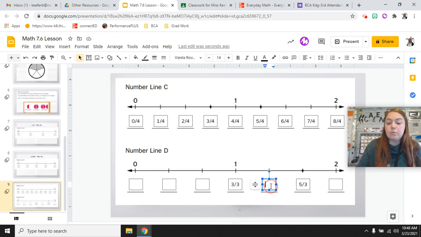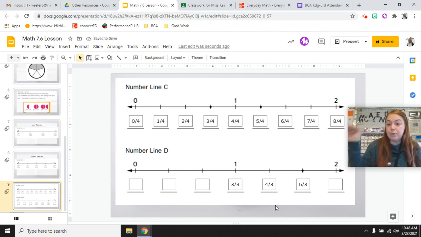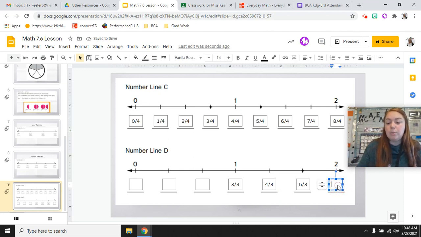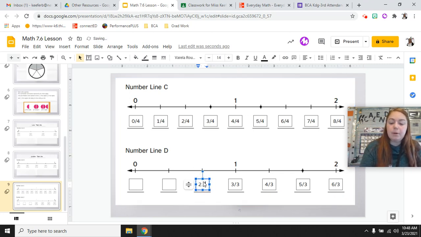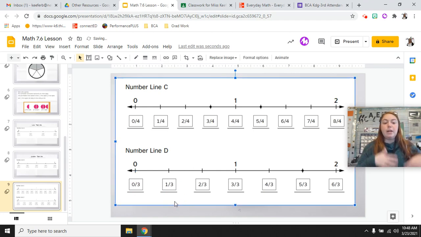So this one would be 4/3 because it's in between 3/3 and 5/3, which would make this one 6/3 because we doubled the 3. And then we would go back down to 2/3, 1/3, and 0/3. So then you have your greater than 1 number line.